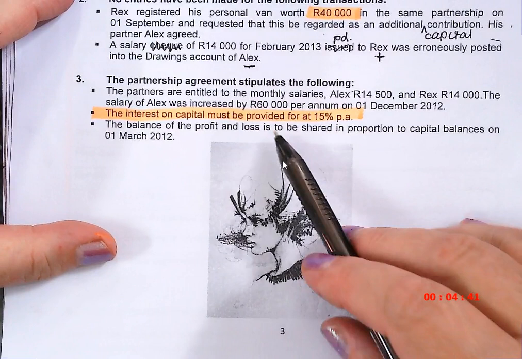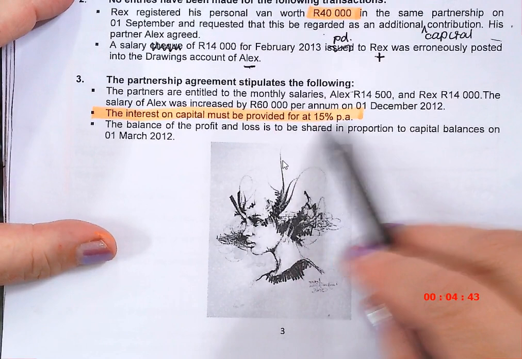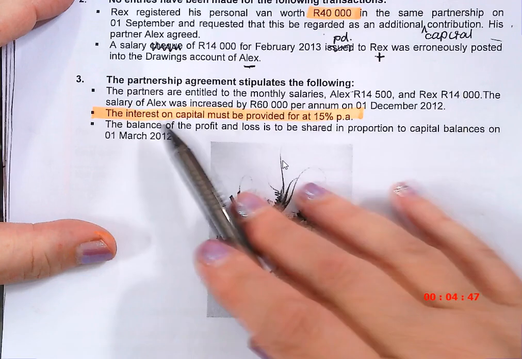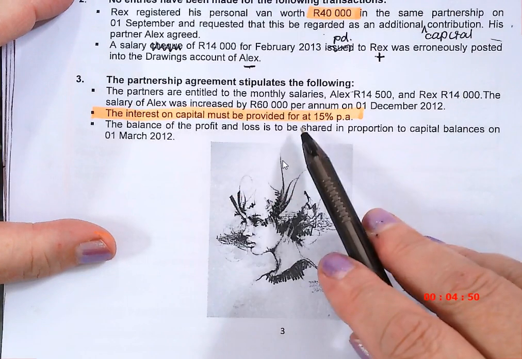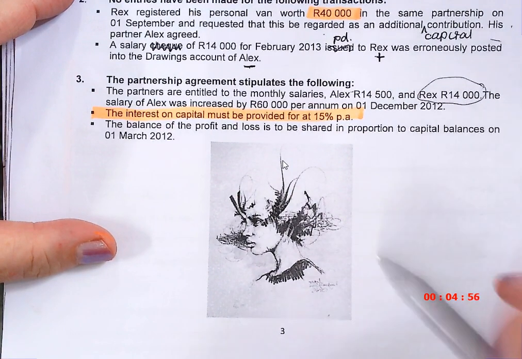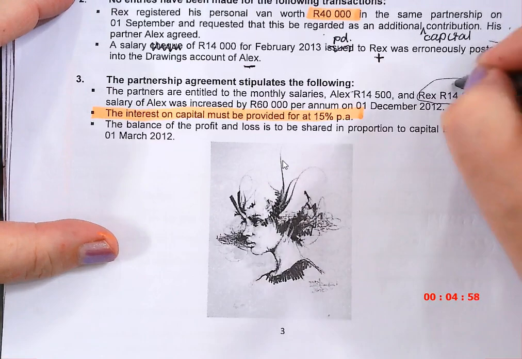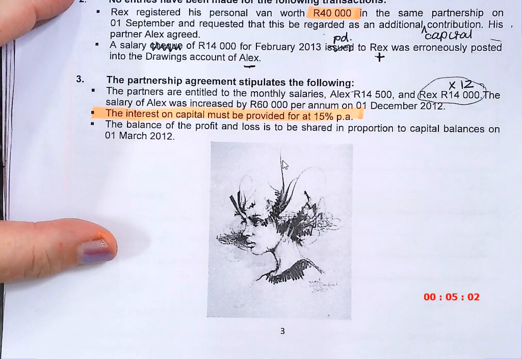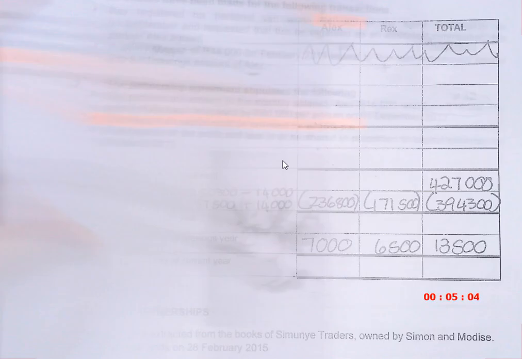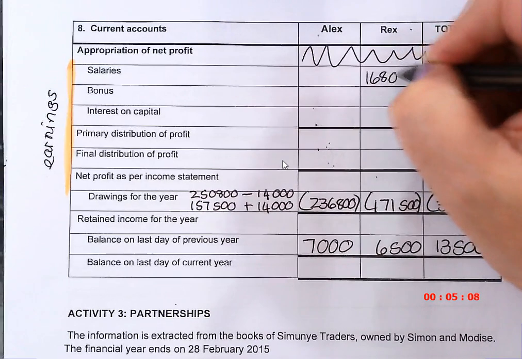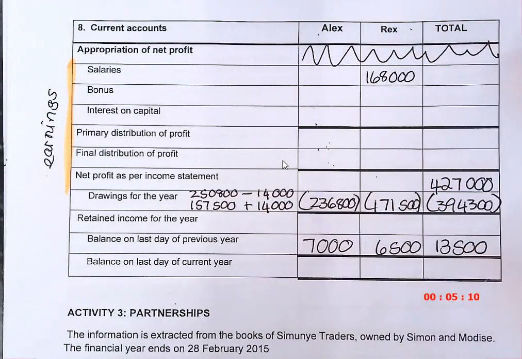So the first thing is they are entitled to monthly salaries, Alex and Rex. And then they say the salary of Alex is increased. So he gets a salary increase. Rex doesn't. So let's do Rex first. 14 times 12, because I want to show his salary for the whole year, and that gives me how much? Okay.